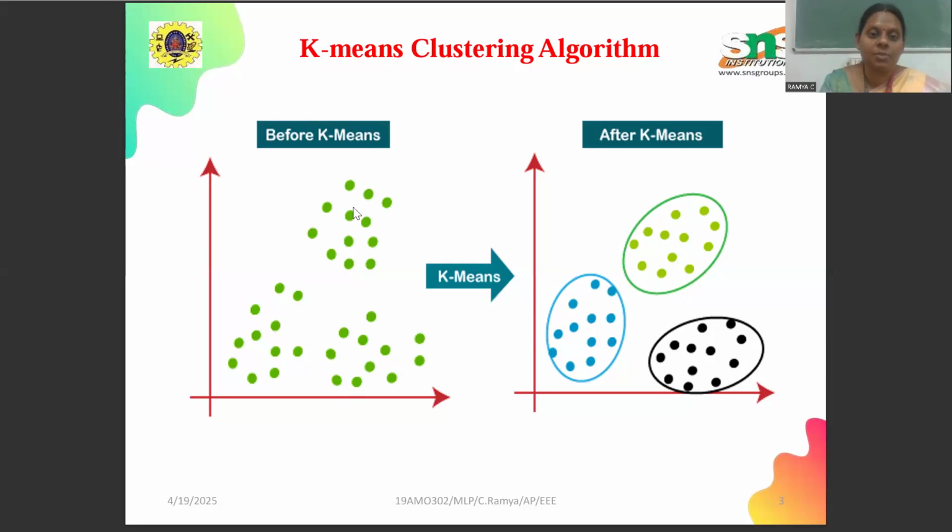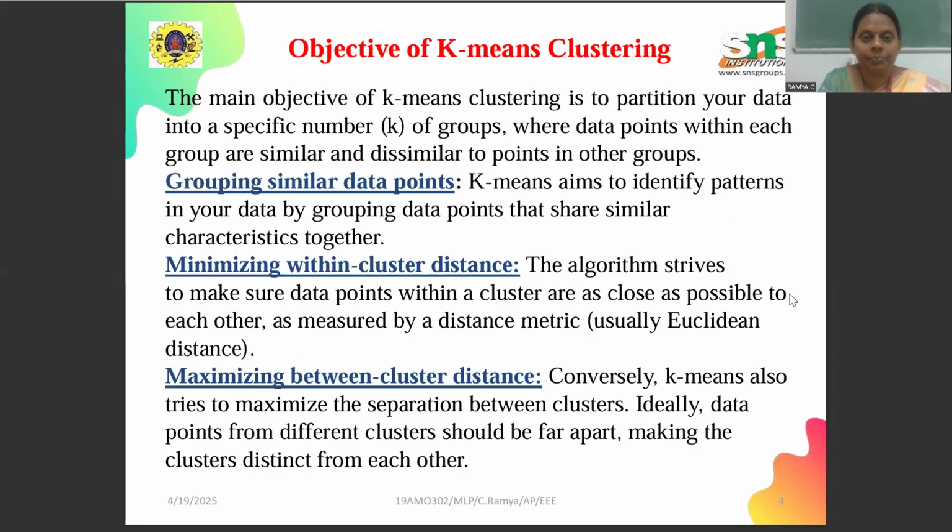In the first picture, before K-means, we have data points represented in the same color. But after applying the K-means algorithm, the data points are clustered together by means of the same centroids and have similar properties within each cluster. So we can see one blue cluster, a green one, and a black one.